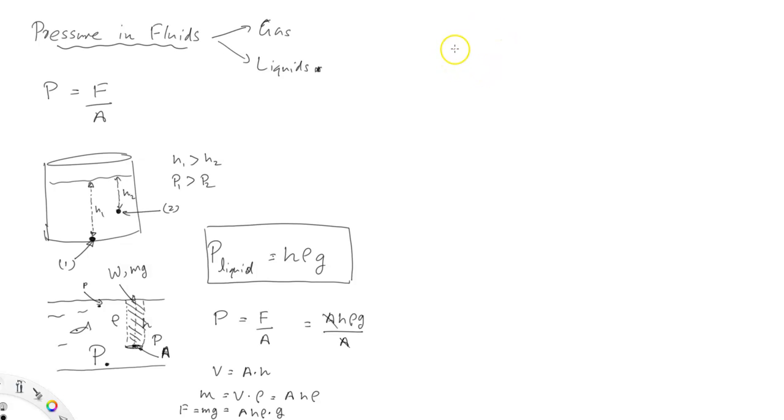So we have the storage tank like this, an outdoor storage tank. This is the ground level, and here we have a house, and there's a sink faucet. So let's say this is the faucet.